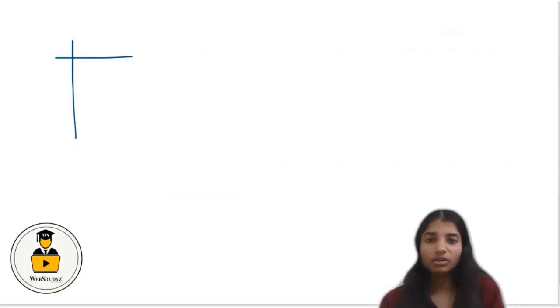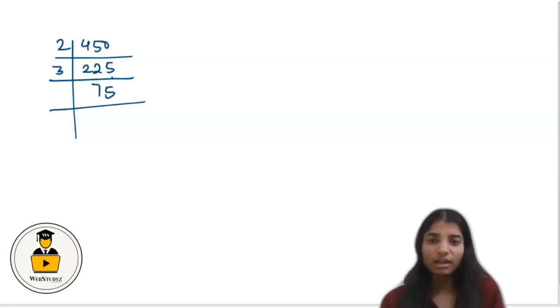Starting with 450, we divide 450 by 2 and get 225. Now this cannot be divided by 2, so we divide by 3 and get 75. Again we divide 75 by 3 and get 25.